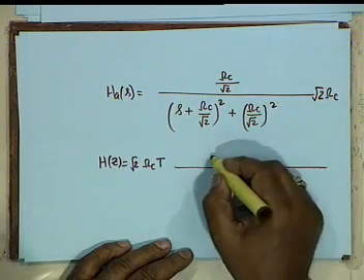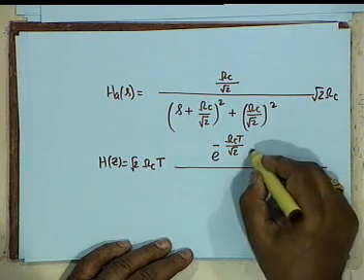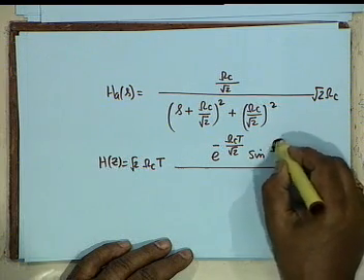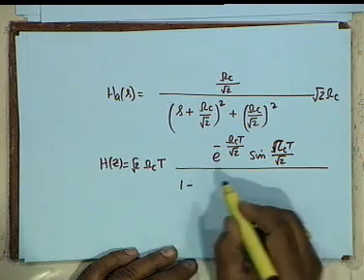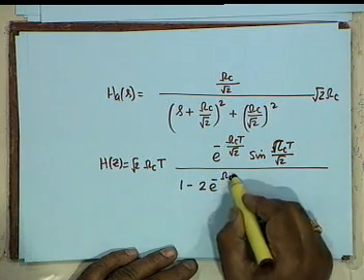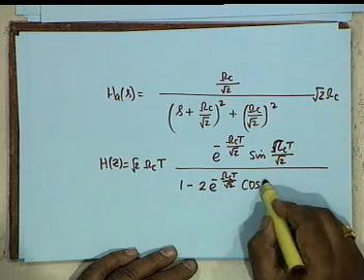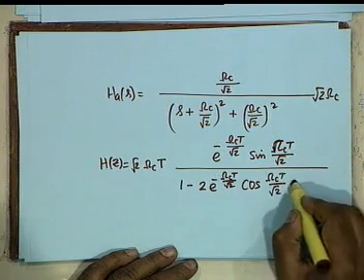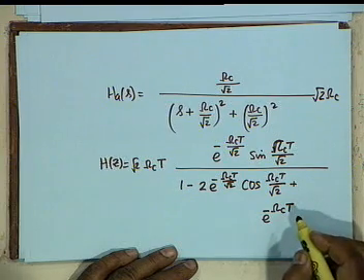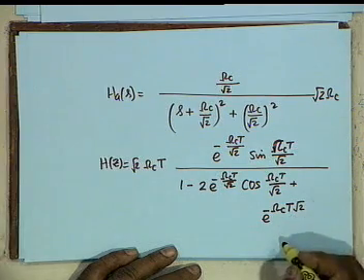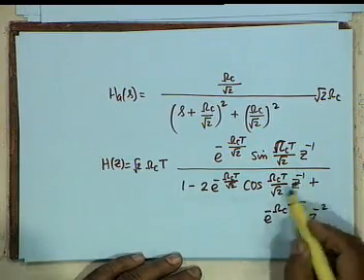So we get in the numerator, we get e to the power minus at, so omega c t by root 2 multiplied by sine of bt, omega c t by root 2, a and b are the same, divided by 1 minus twice e to the power minus omega c t by root 2, then not sine, cosine of omega c t divided by root 2 times z inverse plus e to the power minus omega c t times root 2 twice at, okay, z to the minus 2, there must be a z inverse here. Okay, I missed that term.